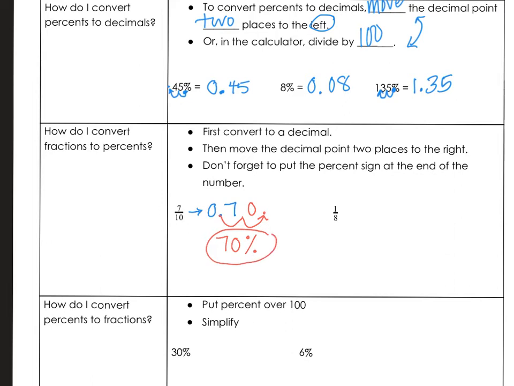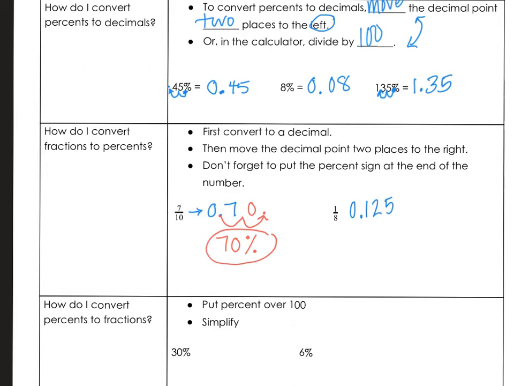All right, this one's a little bit tougher. So for this one, you can use your calculator. So to go from that fraction to a decimal, you're going to do the numerator divided by the denominator. So 1 divided by 8, and that gives you 0 and 125 thousandths.